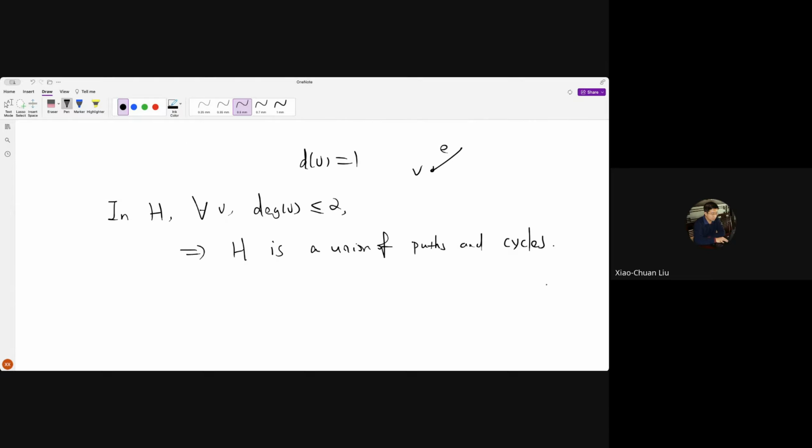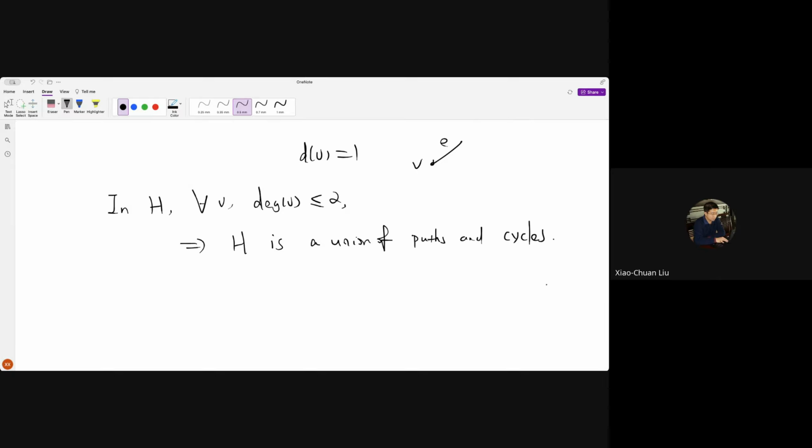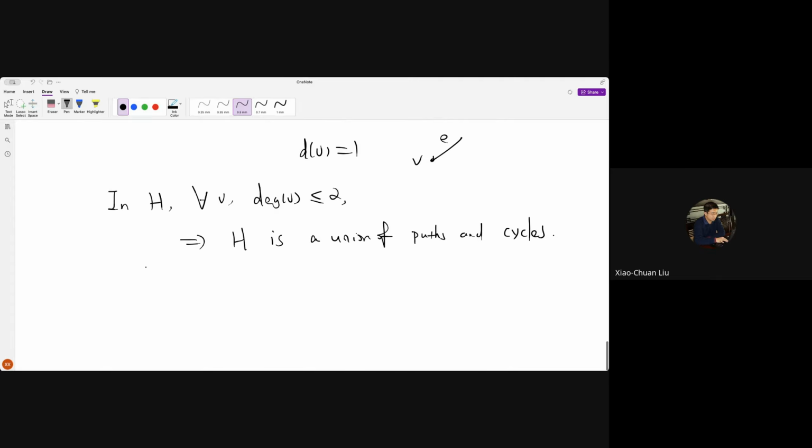Maybe not connected, but you see some. So in case 1, let's look at one connected component that is a cycle. Let's say a cycle C is a connected component of H.